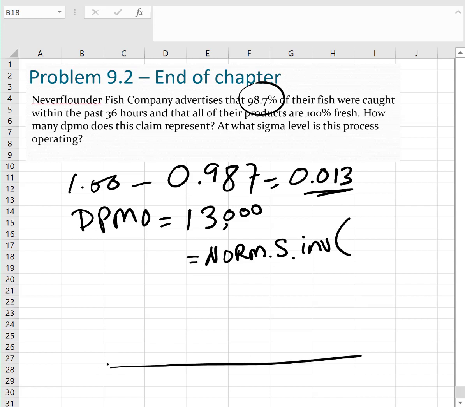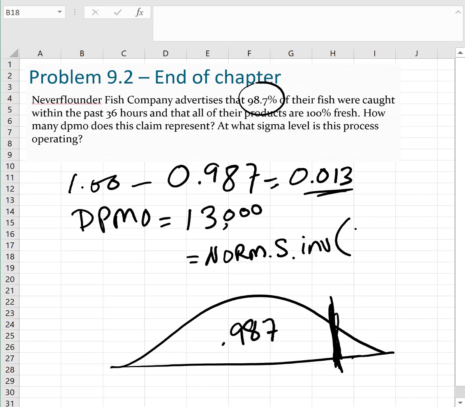And again, we want this point right here, the 0.987 point on the curve. But we want to add the process shift, which can be 1.5. So we want to add 1.5 to that.